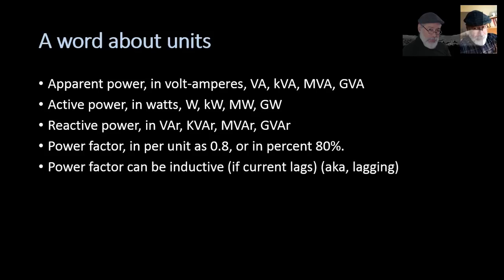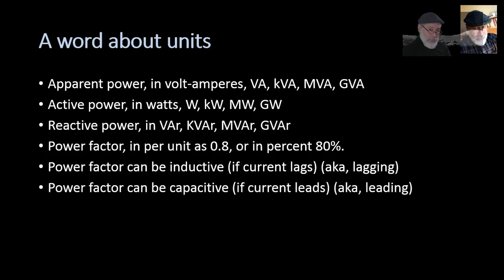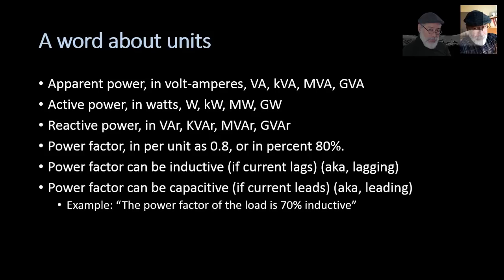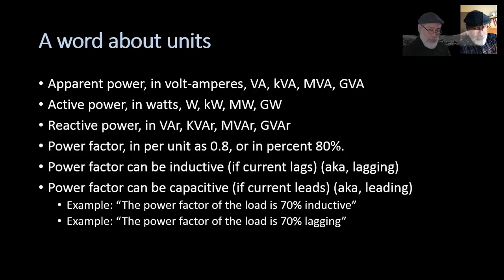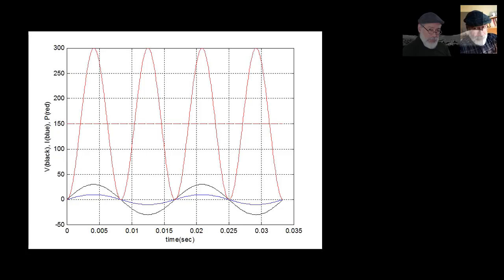But we always have to tell, together with the value of the power factor, if the load is inductive or capacitive. We say the power factor of the load is 70% inductive. We could also say the power factor of the load is 70% lagging. For capacitive loads, we say capacitive power factor or leading power factor. Same thing.